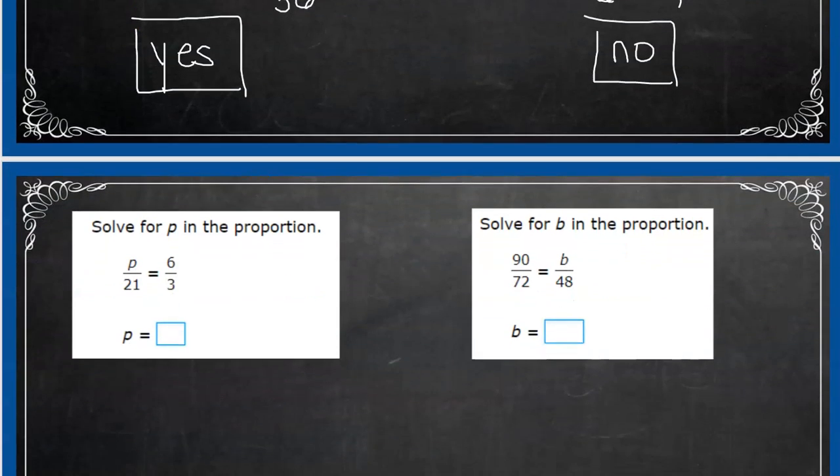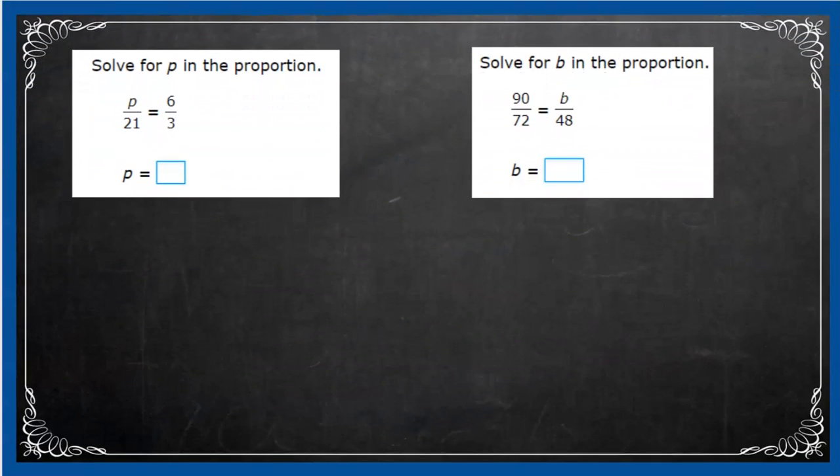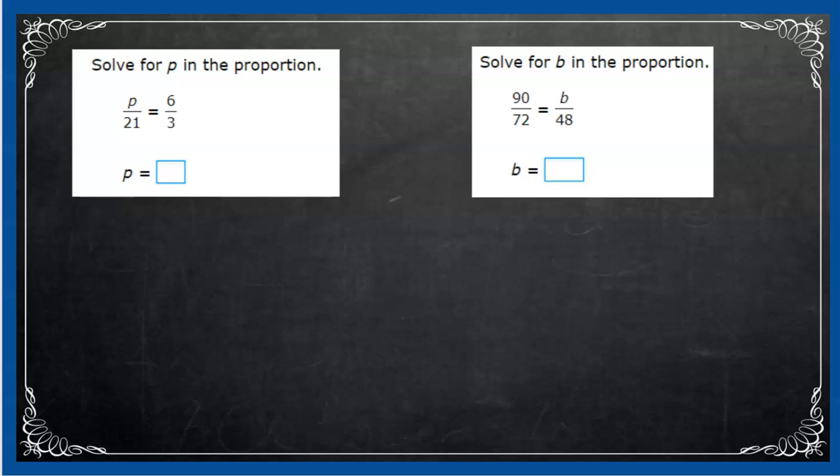All right, so that might be one type of problem you would see. Another type of problem you might see is like this, where you have a missing value. So they're telling us P over 21 equals 6 over 3. Knowing that, I can use cross products to solve this equation. What I typically do is I take the cross product that has the missing term first. So I will multiply the P times the 3 first.